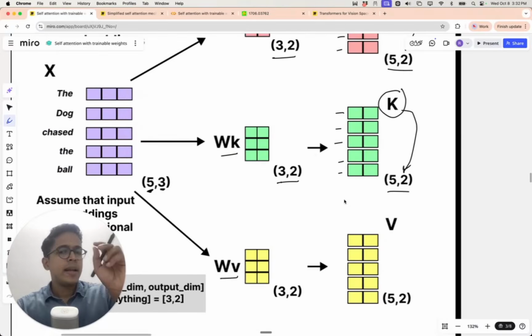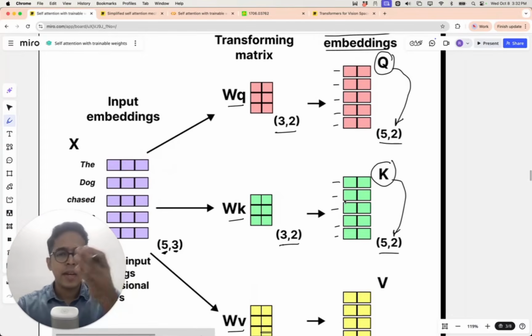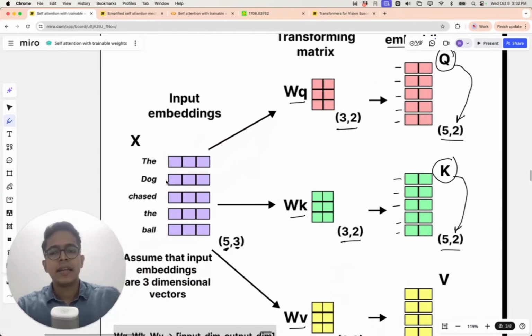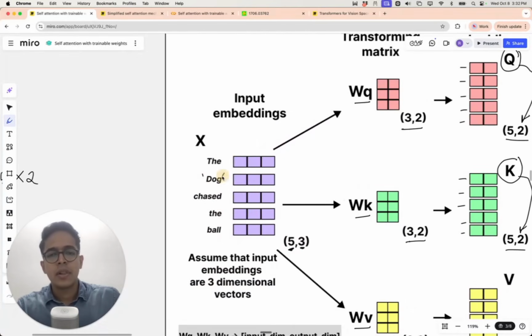Same thing happens for value. Now key and query are easy to understand because we have discussed so far what a key is. If we are considering how much attention dog should pay to all the words in this same sequence, then dog should maybe pay 10% attention to the, 20% attention to itself, 30% attention to chased, some X% attention to the, and some percentage attention to ball.